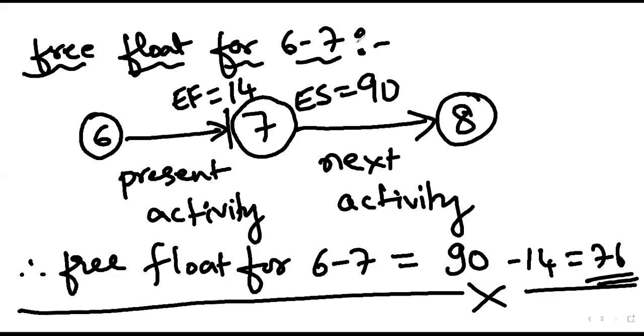Since there is only one activity that finishes on the 8th node, the early finish value itself will be the early start for the next activity. Otherwise, in the previous problems, we had considered the maximum value. Let us assume that if three activities finished on the 8th node, then we would have considered the maximum early finish.